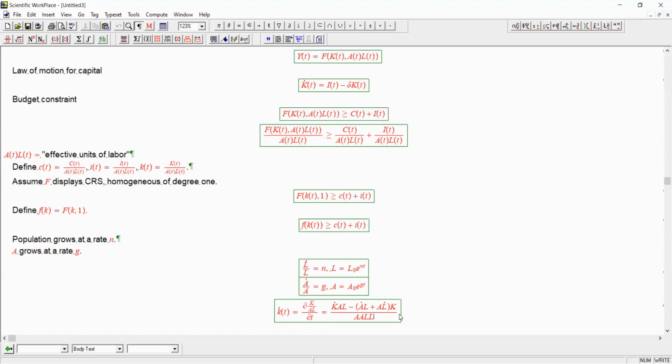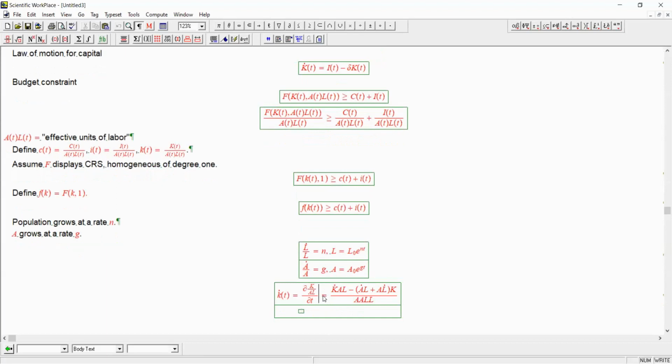Not the most conventional notation, but it'll be convenient. Now let's write this down here. Separate this from the rest.